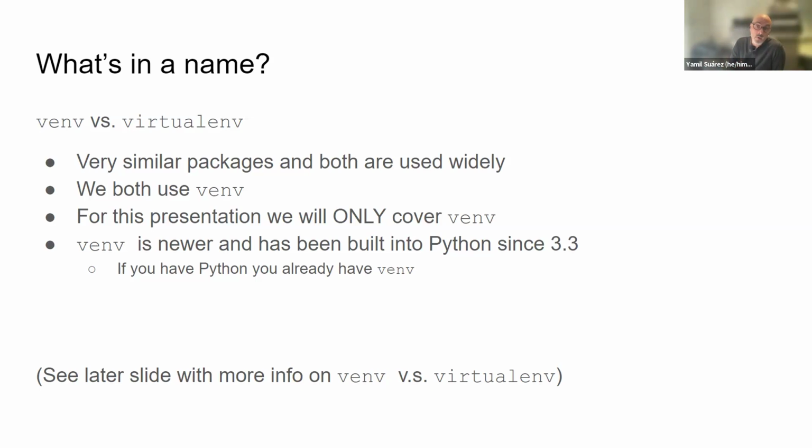In this presentation, we're only going to cover venv. Technically, venv is newer. It's a newer project, and since 3.3, which came out in 2012, it's been built into Python. So if you have Python already installed, you should have access to venv. Later on, we have a slide where we go into a little more detail of the difference between the two, venv and virtualenv. But for most situations, you can just stick to venv.